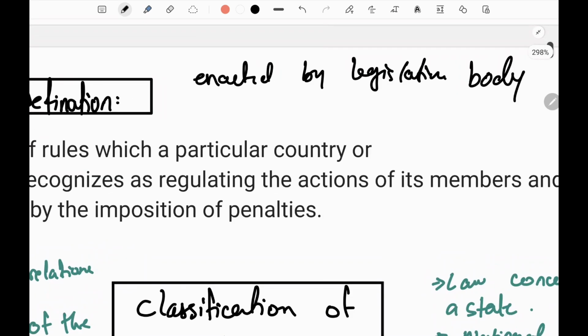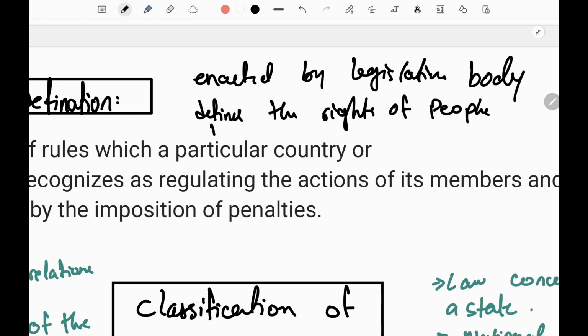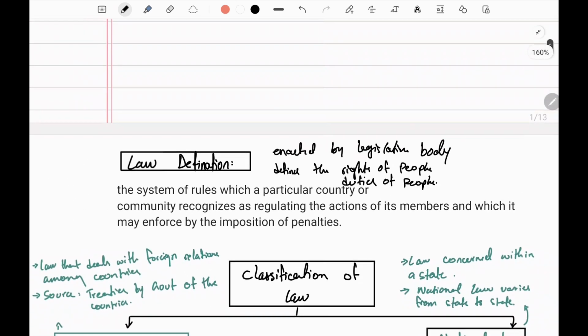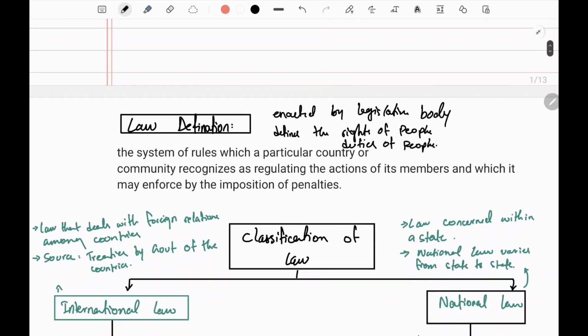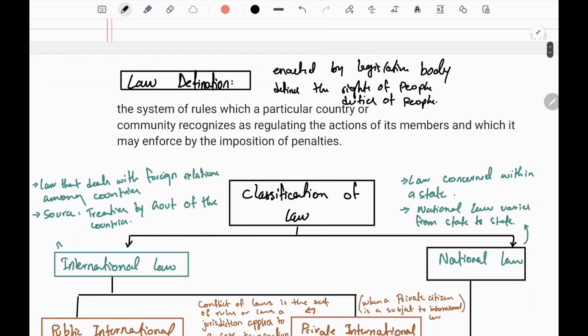And law mostly defines the rights of people and the duties of people, and it also highlights the sanctions or the damages that the people will be paying if they break the law.